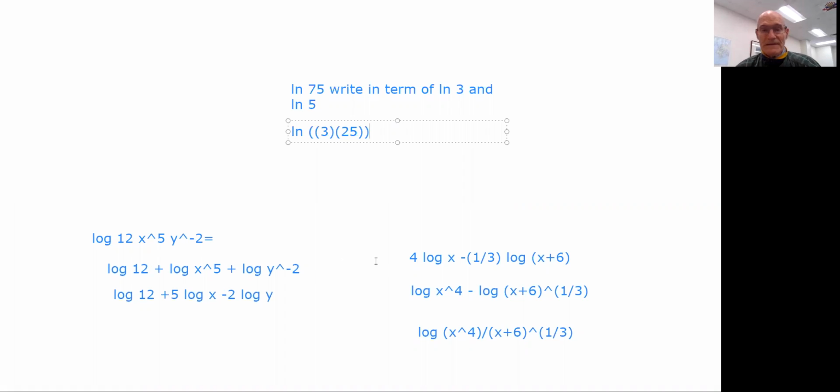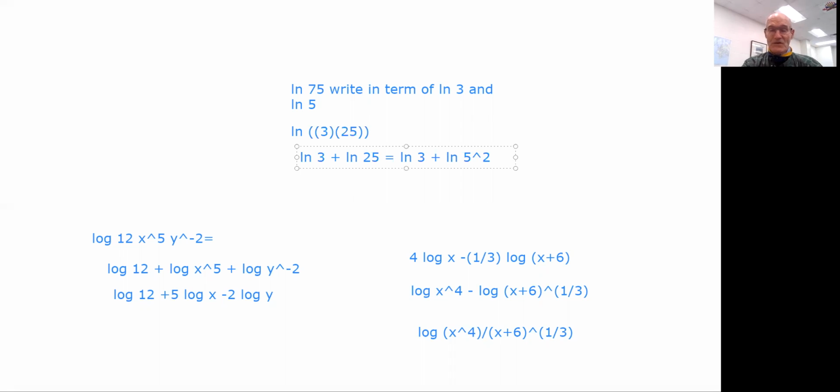And then if I break this down, remember if I'm multiplying, I add. So I have the natural log of 3 plus the natural log of 25. And then the natural log of 25 is the natural log of 5 squared. So the natural log of 3 plus the natural log of 5 squared.